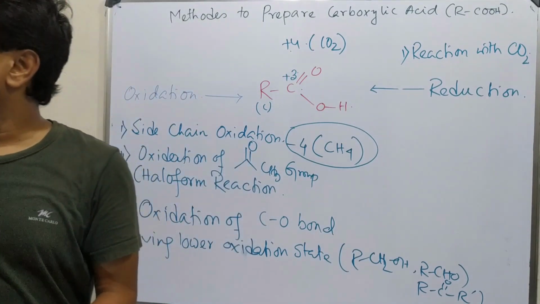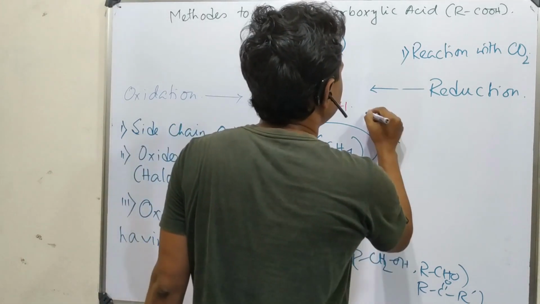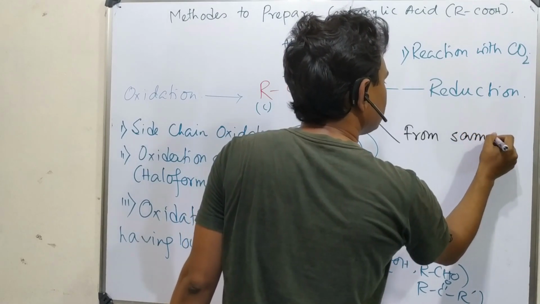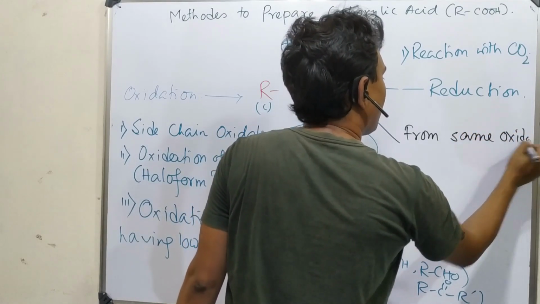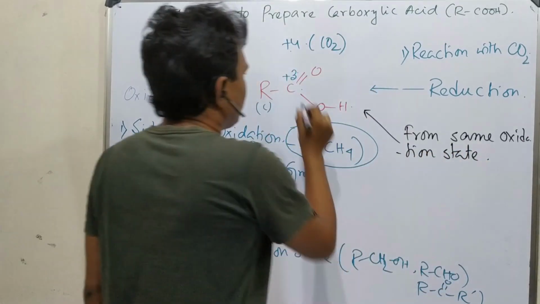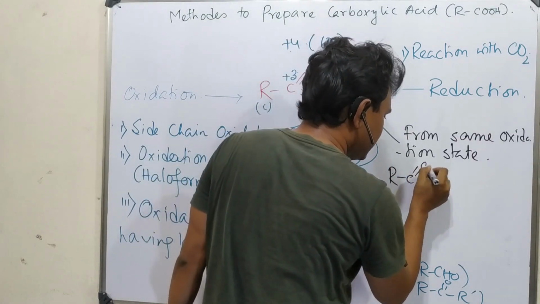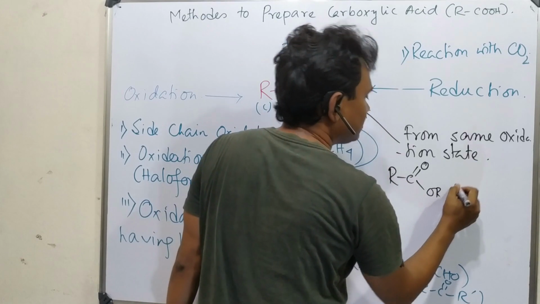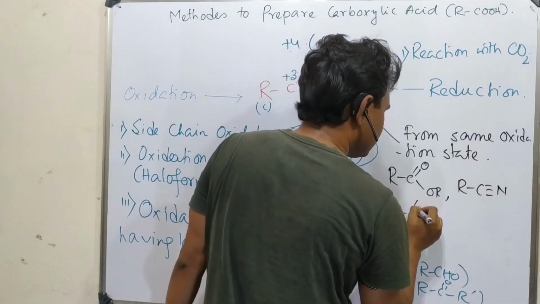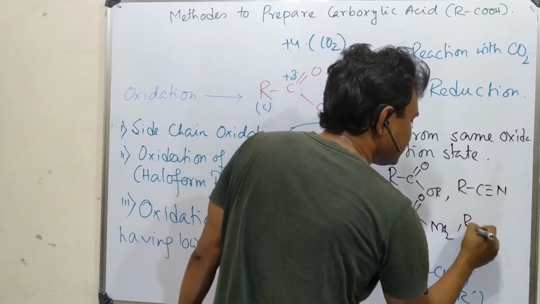And apart from these two, another possibility is from the same oxidation state, +3, similar to carboxylic acid derivatives like ester, nitrile, amide or anhydride.